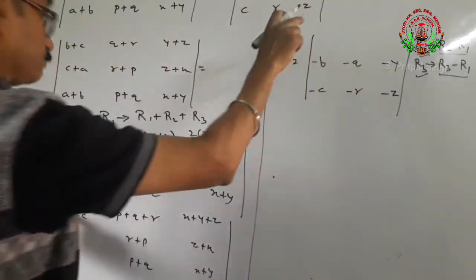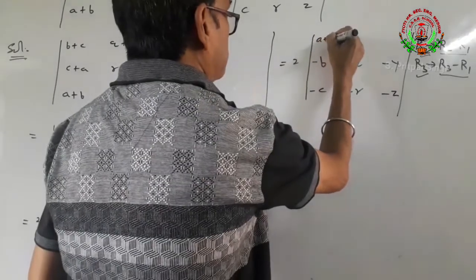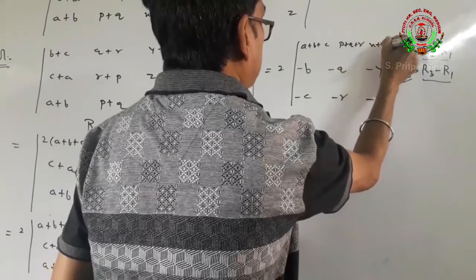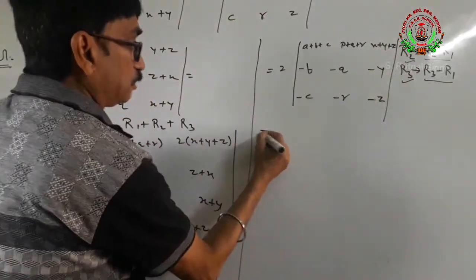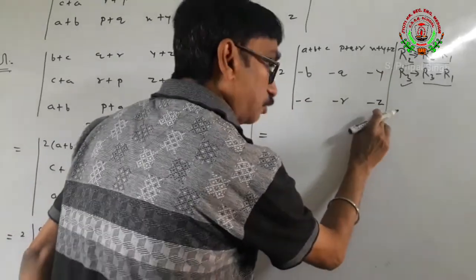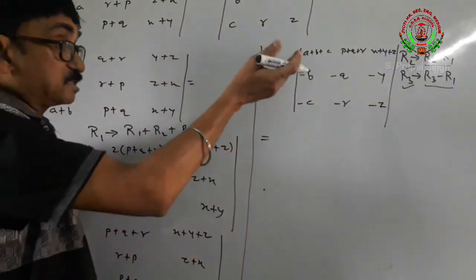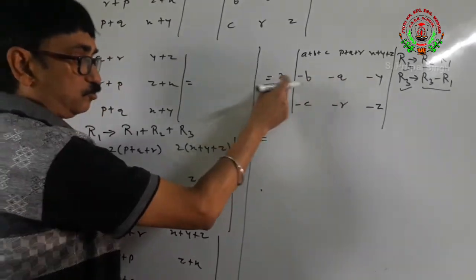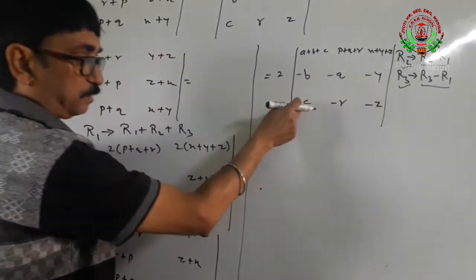Now R1 will be as such: A plus B plus C, P plus Q plus R, X plus Y plus Z. And now from both R2 and R3 I am going to take the minus sign common. So one minus sign we are taking common from R2, the second minus sign from R3.